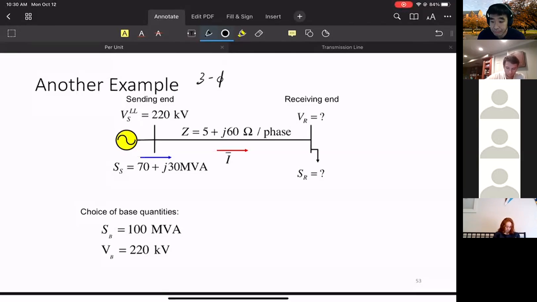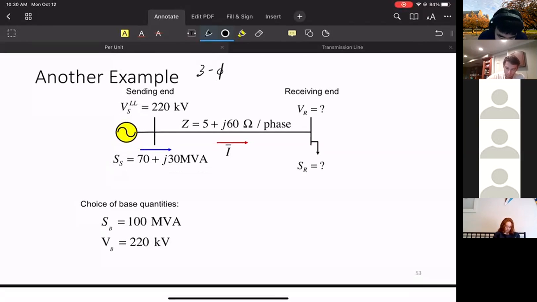We're going to do some power calculation. We choose the base power to be 100 MVA and the base voltage to be 220 kilovolts. That's the choice we're making.